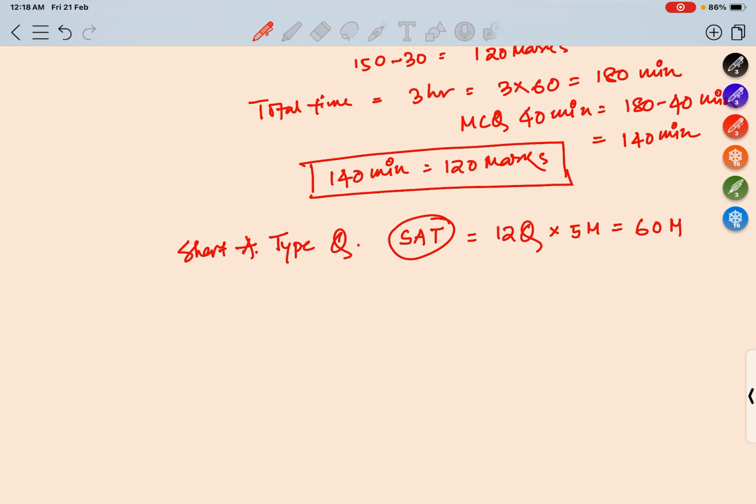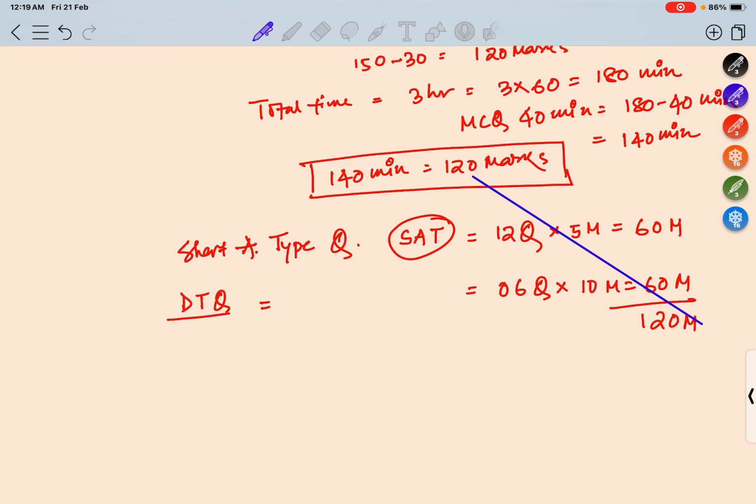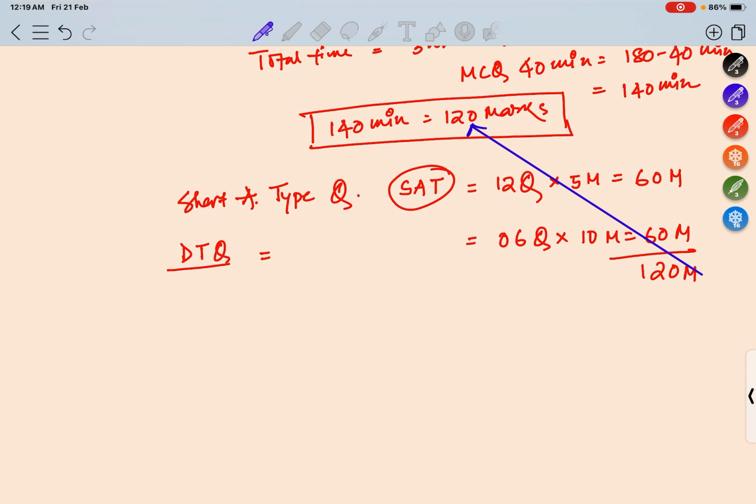Next is descriptive type questions. Here they ask 6 questions of 10 marks, 60 marks, total 120 marks.